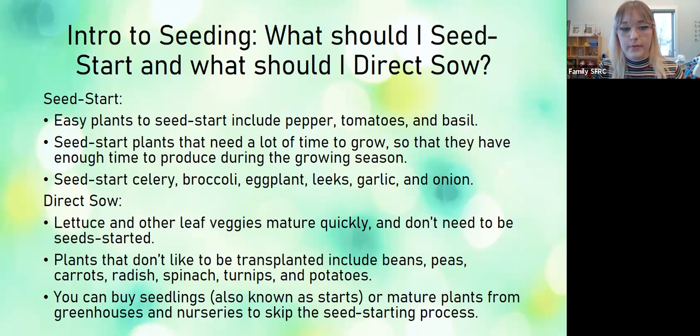What you can do if you don't want to seed start is buy seedlings, also known as starts, or mature plants from greenhouses and nurseries to skip the seed starting process. This is a bit more expensive, and there's less variety.